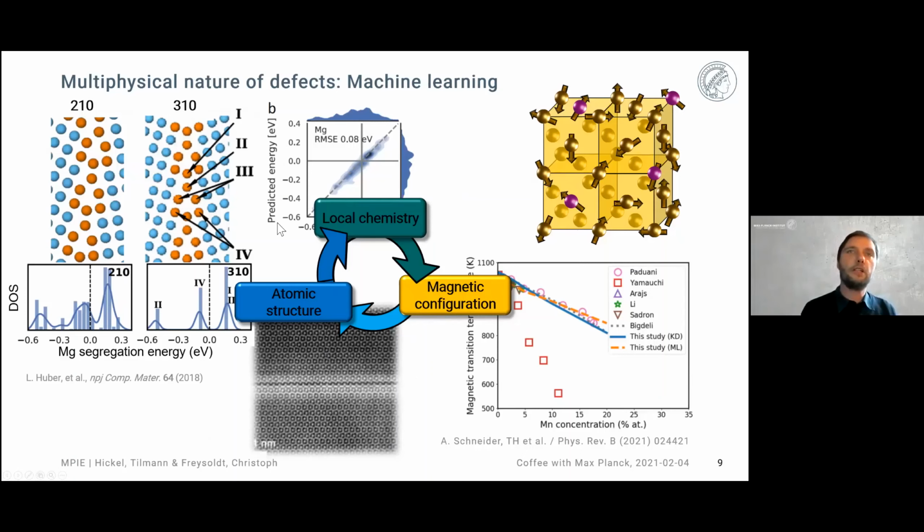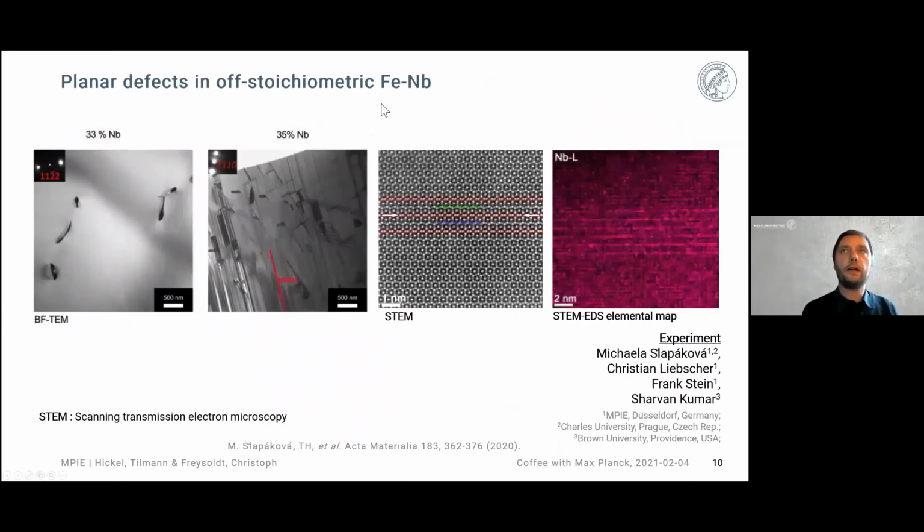We have used them to understand the chemical distribution at given defects like grain boundaries. But in the presentation today, we would like to focus on machine learning approaches used to get information about the structure itself. And the material system we have chosen for this are Laves phases, iron-niobium Laves phases.